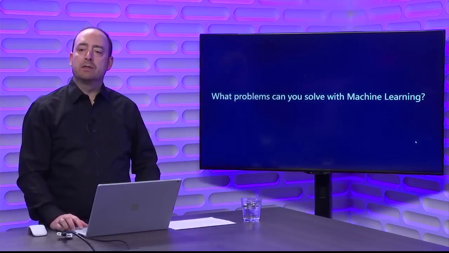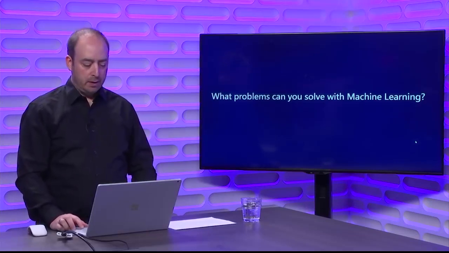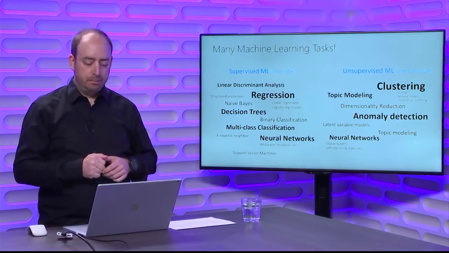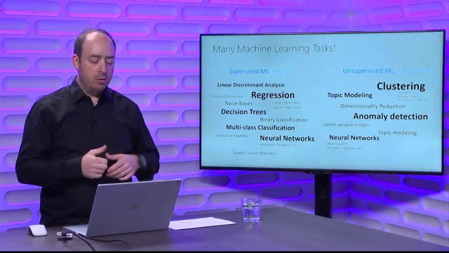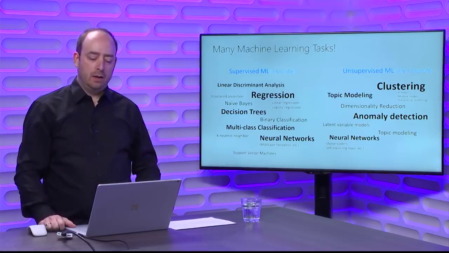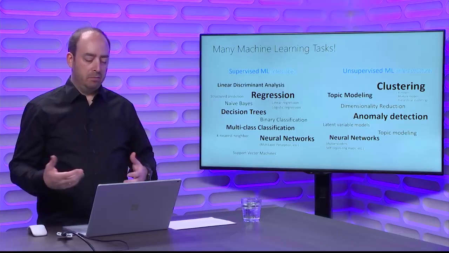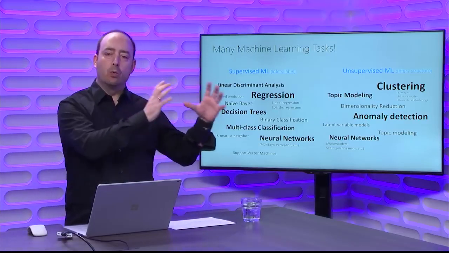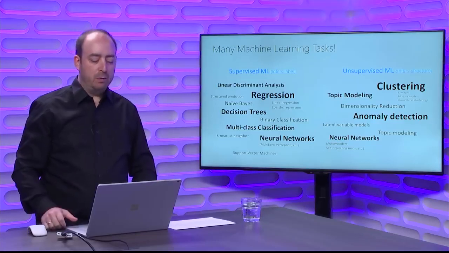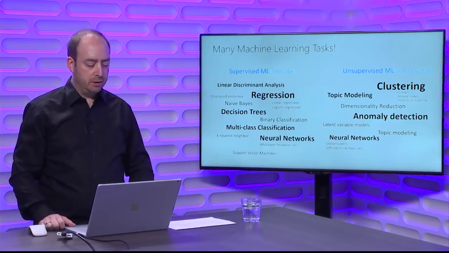Okay, so what problems can you solve with machine learning? There are many problems, and those problems are related to more technical ML tasks. This is kind of another world for developers, with many things like regression, clustering, anomaly detection, and so on.